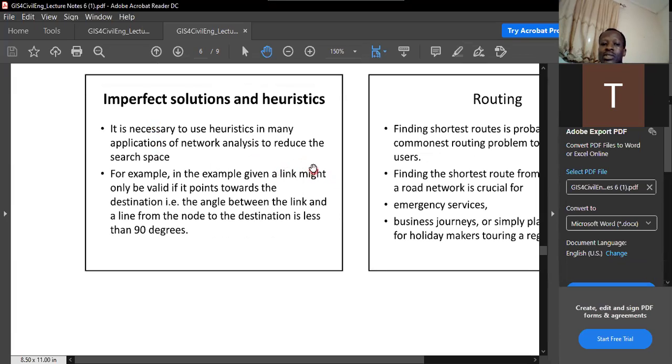We can talk about the use of heuristics. Heuristics are ways of solving a problem by eliminating some of the options.